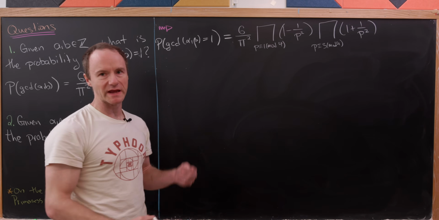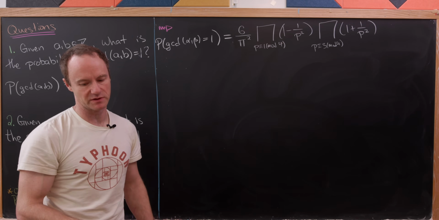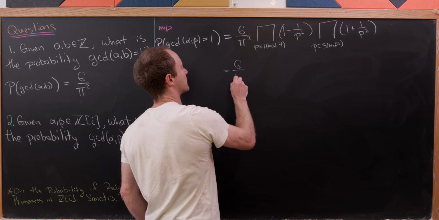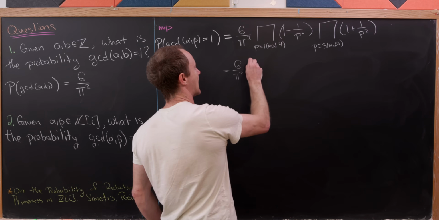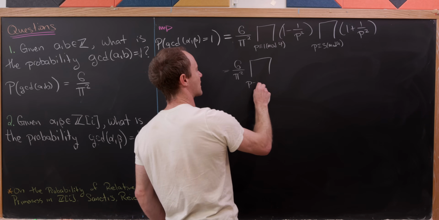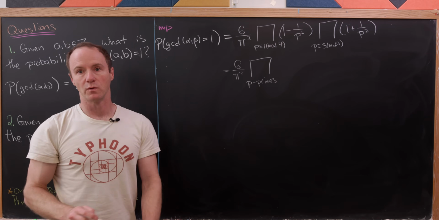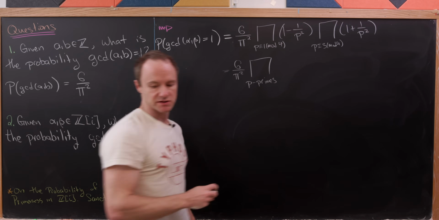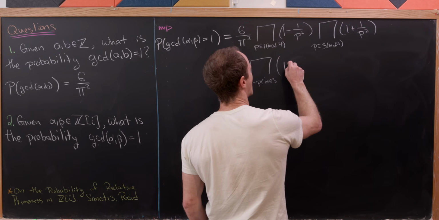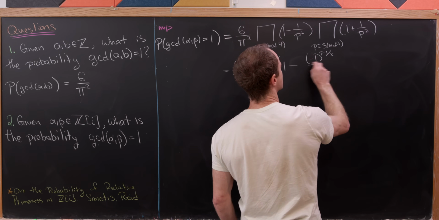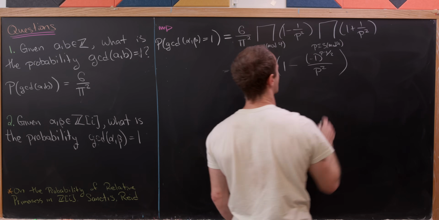Okay, so this is where we ended up, and now we're ready for the last couple of steps. So I'm going to take this, I'll bring the 6 over pi squared down, and there's actually a nice way where I can push these two products together with an alternating sign. So I can rewrite this as 1 minus (-1)^((p-1)/2) all over p squared.